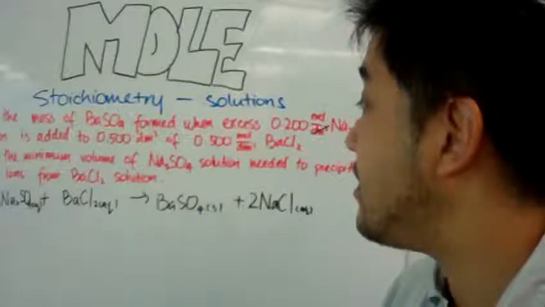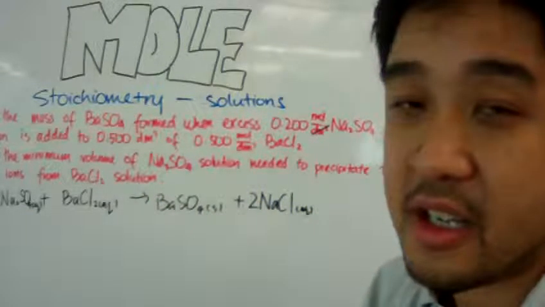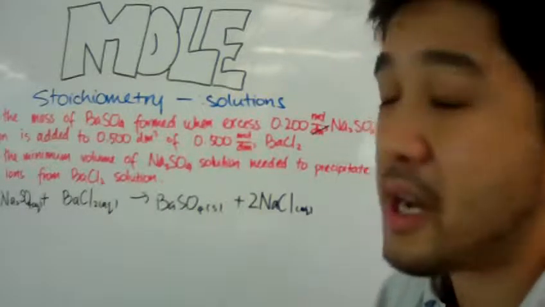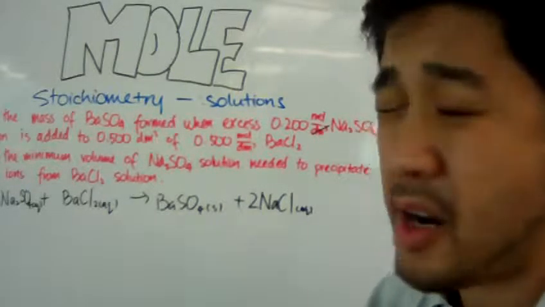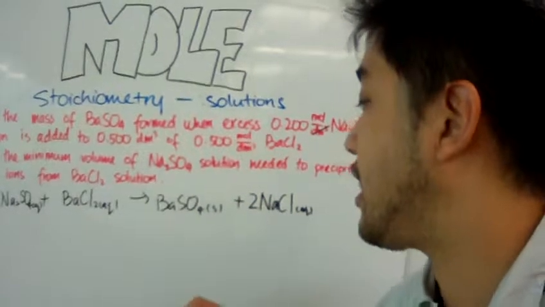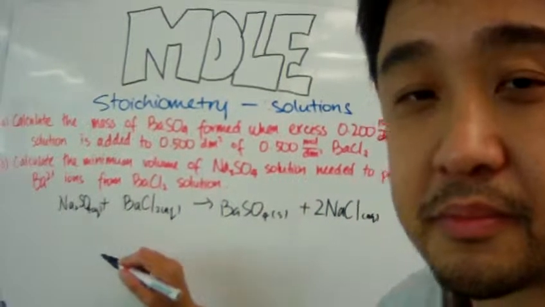But we can take this value, 0.5 cubic decimeters, multiply it by the concentration of barium chloride to cancel out the units of volume. Okay? So that's what we'll do.